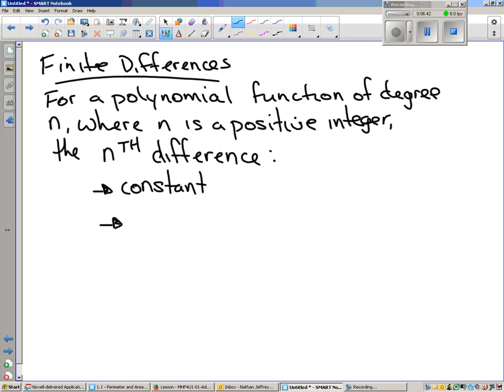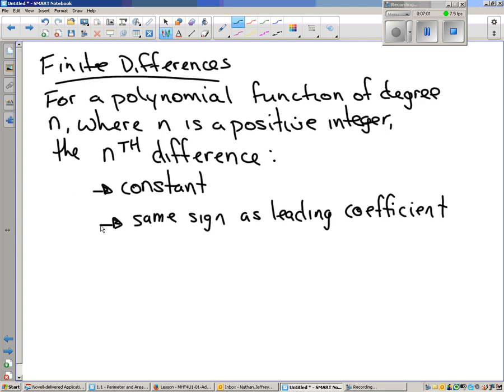It's also going to have the same sign as the leading coefficient in that polynomial.